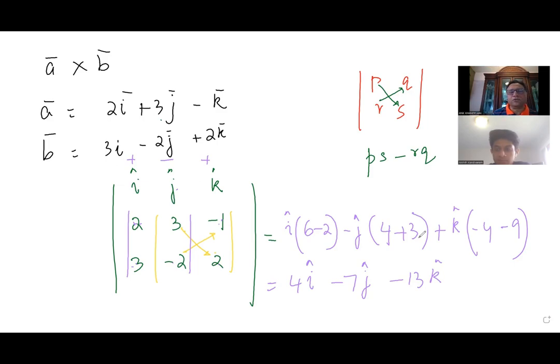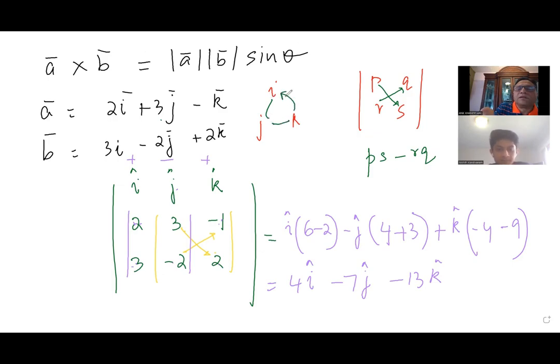So have a good look at it to understand what a cross product is. In general, A cross B is magnitude of A times magnitude of B times sine theta. And as far as i, j, k is concerned, the cross product of i with j will result in k, right?